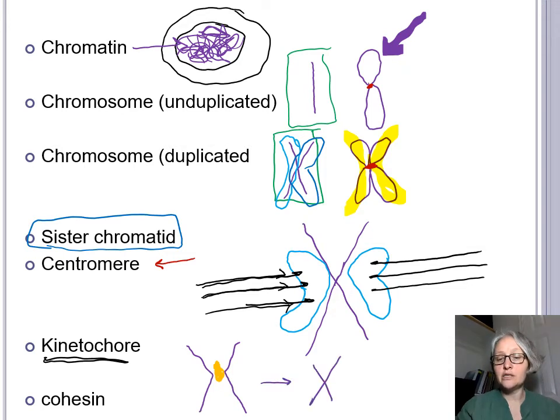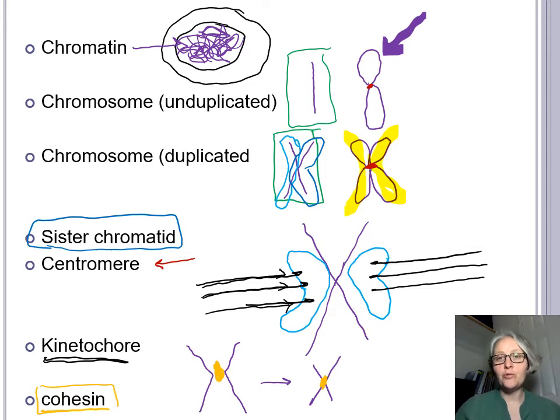So we're talking about what's happening right here in the center that's holding those two halves together. That is a protein known as cohesin. Think of it as something that's causing cohesiveness or cohesion, but that protein, cohesin, is holding those two sister chromatids together.